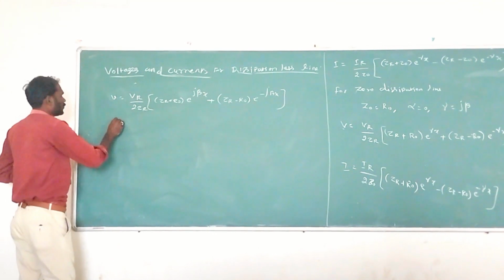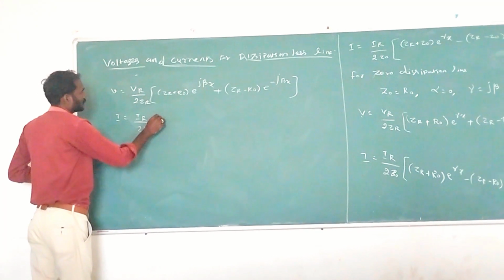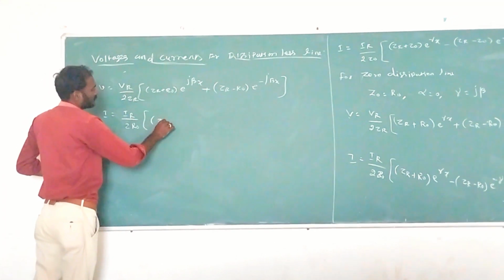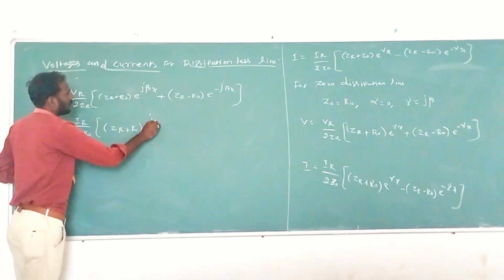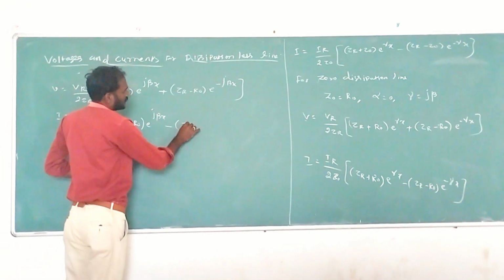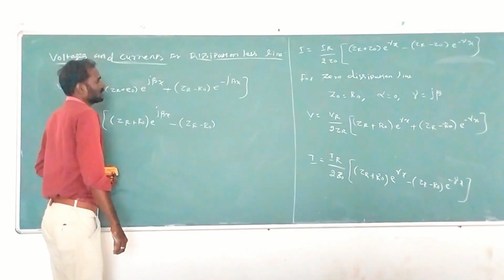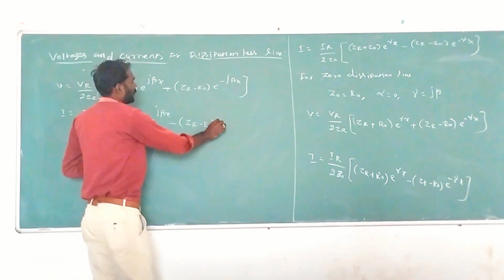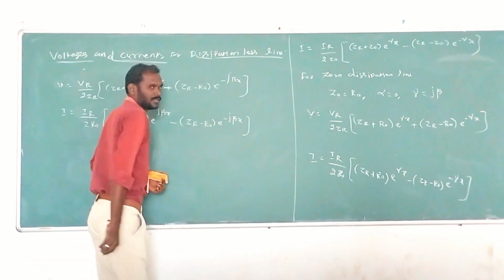I is equal to IR by 2 R0 into (ZR plus R0) e power j beta X minus (ZR minus R0) e power minus j beta X, right?